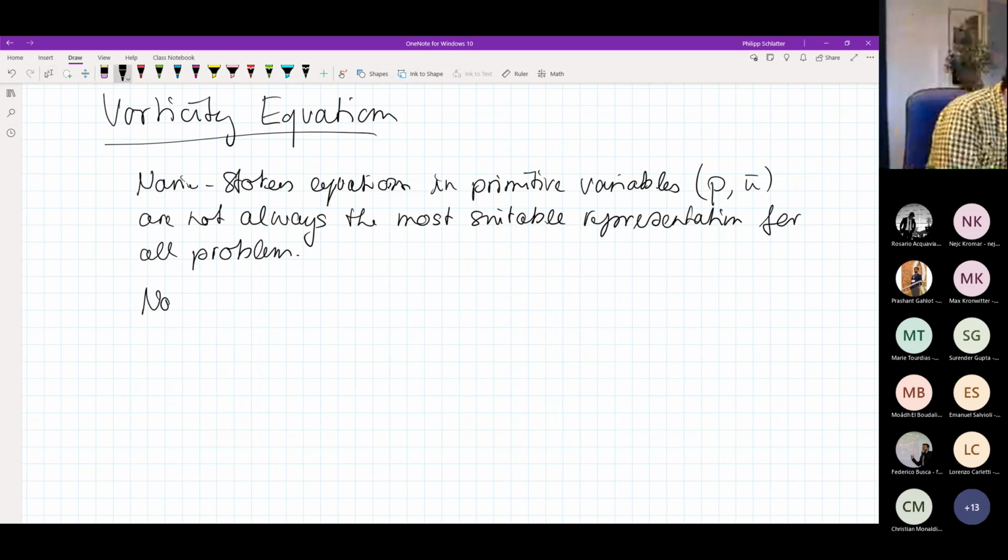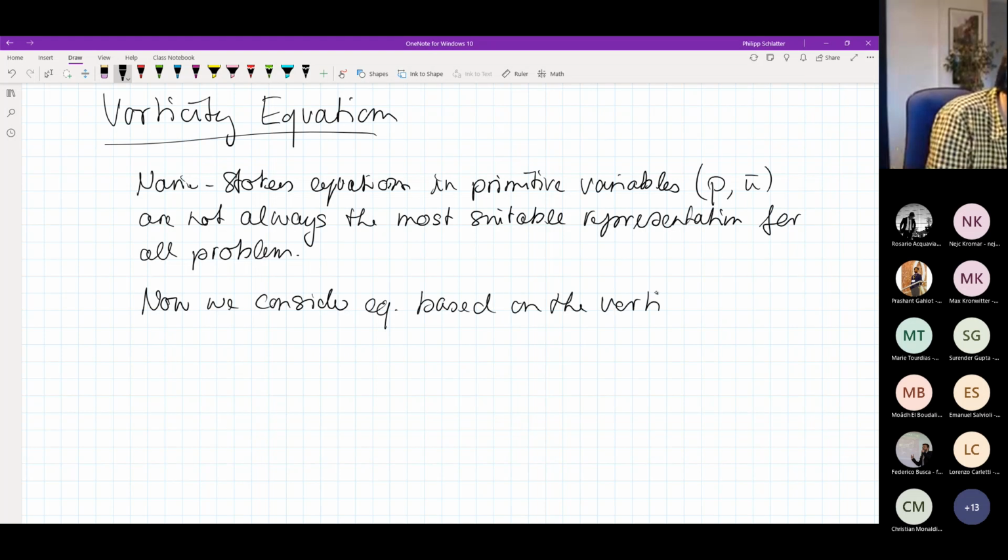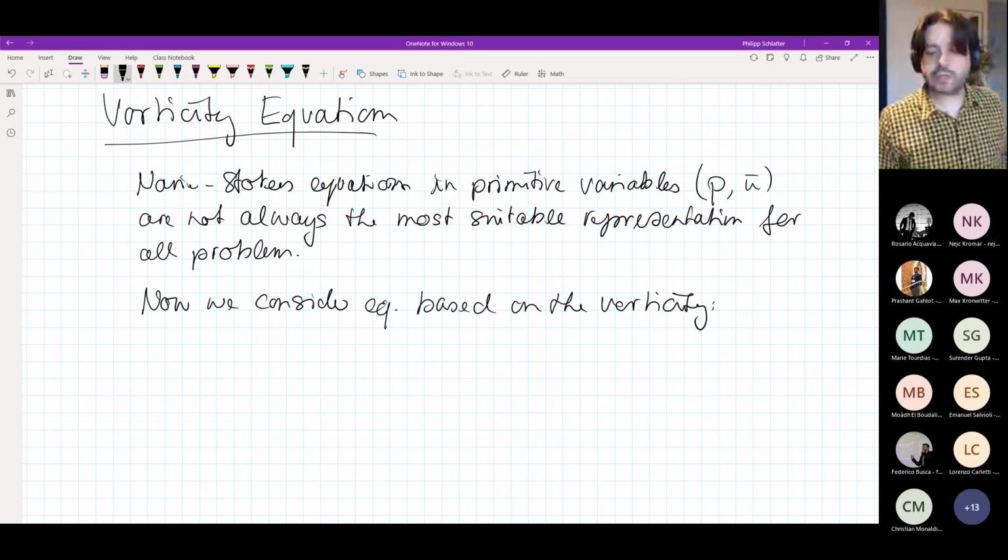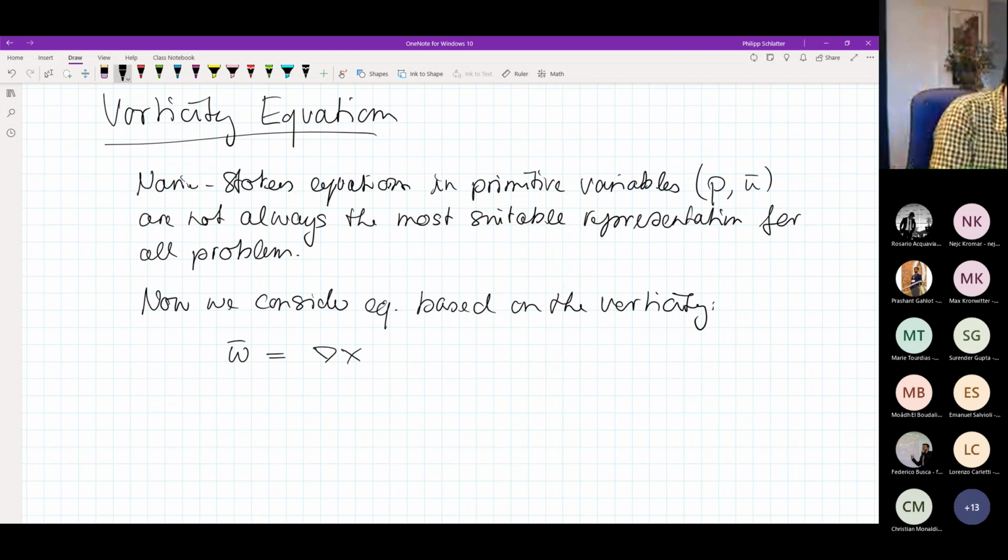So now we consider the so-called equations based on the vorticity. Of course, that means first we need to define what the vorticity actually is, and then we can start to understand what we mean with it. So the vorticity first is a vector, which is based on nabla cross u.